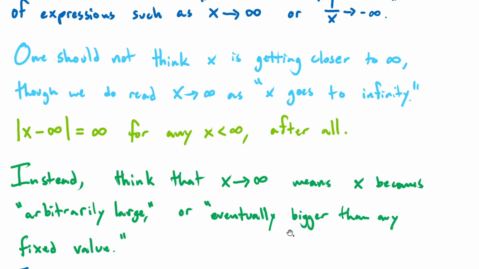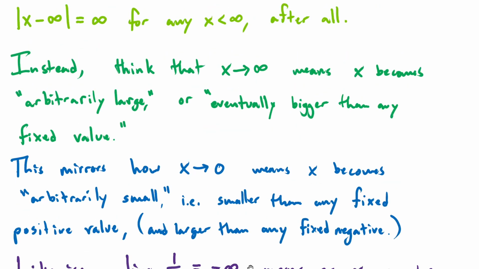So we have to mean something a little bit different when we talk about limits approaching infinity. Really, all you should think about when we talk about x approaching infinity is that x just gets arbitrarily large. It gets bigger and bigger, bigger still, and it never really has to stop. If you pick any fixed value, x will eventually be larger than that. That's what we mean by arbitrarily large. And you should maybe contrast that in your mind with what we meant by x becoming arbitrarily small.